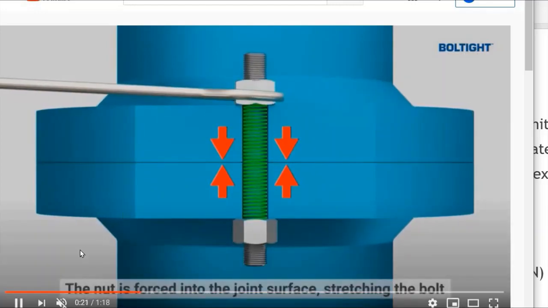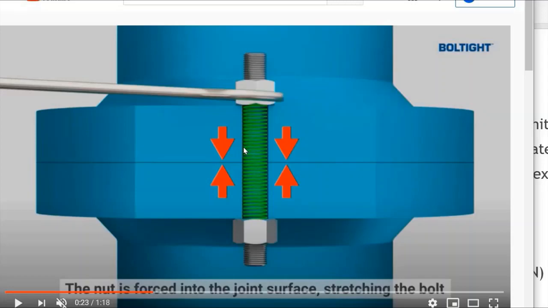As we are tightening the nut, what is happening? The nut is compressing these two joining surfaces. The joining surfaces will exert an equal and opposite force on these nuts.